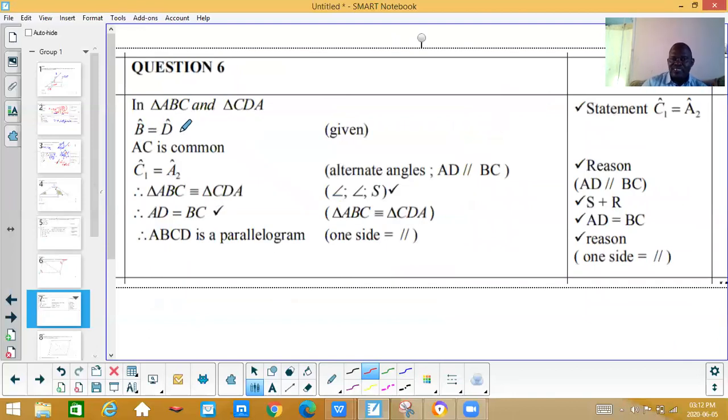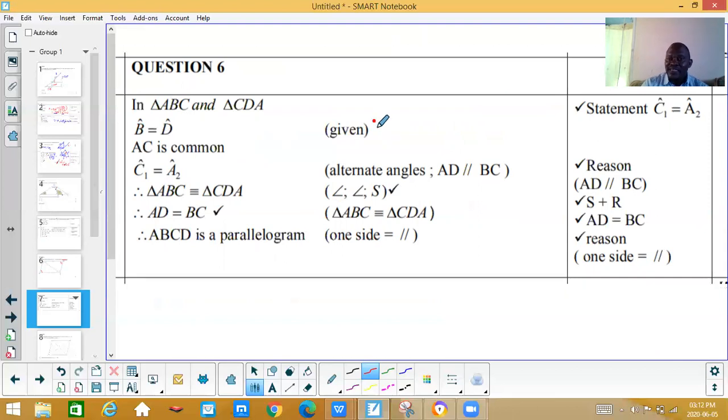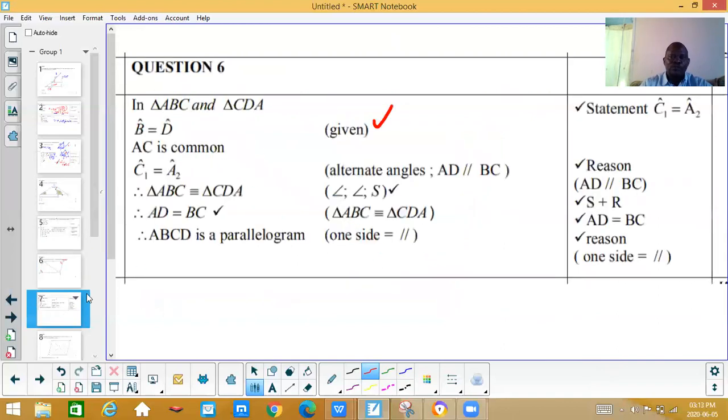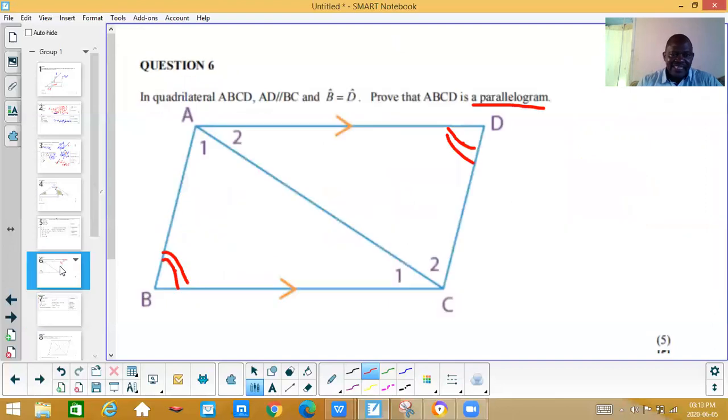Angle B is equal to angle D. This one is given. AC is the common line. AC is common to both triangles.